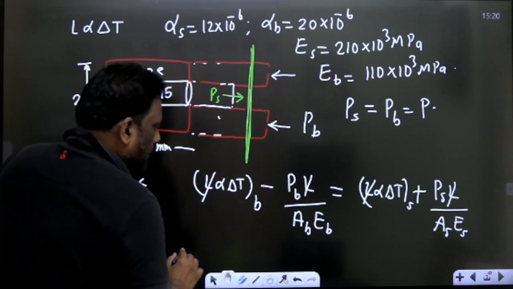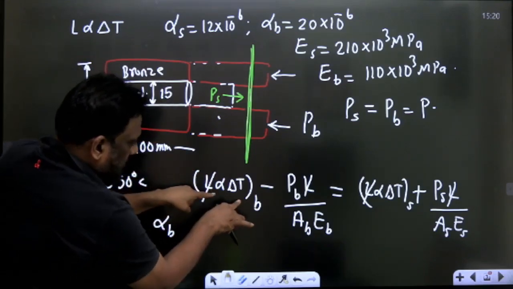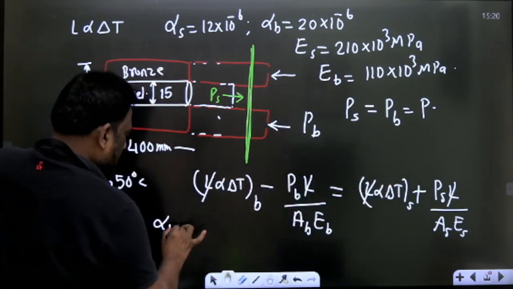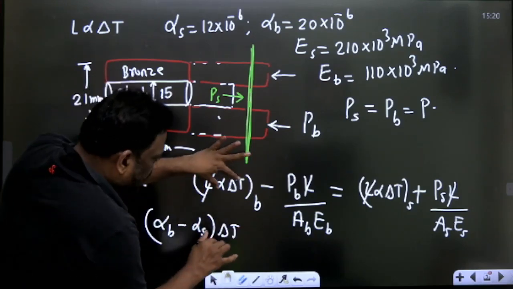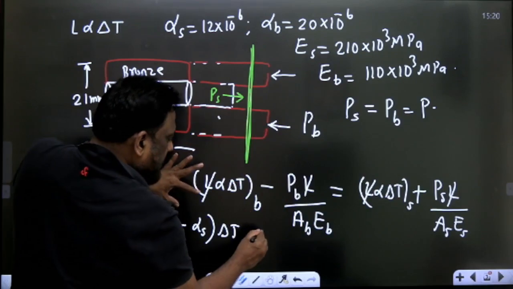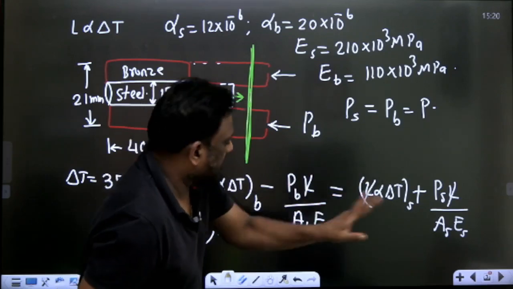Okay sir, so we will do something like this. Bring alpha bronze to this side, minus alpha steel into delta T. I repeat, I brought alpha delta T to this side, and it is equal to P, whether it is PB or PS, it is the same.